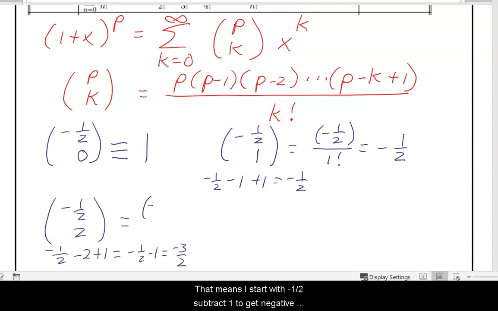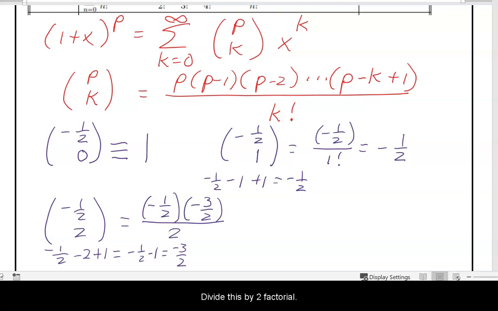That means I start with negative 1/2, subtract 1 to get negative 3/2, and stop. Divide this by 2 factorial. You'll also notice, as we learned in the first video for this section, that the number written on the bottom, the 2, tells you exactly how many factors occur in the numerator and also corresponds to the factorial in the denominator.